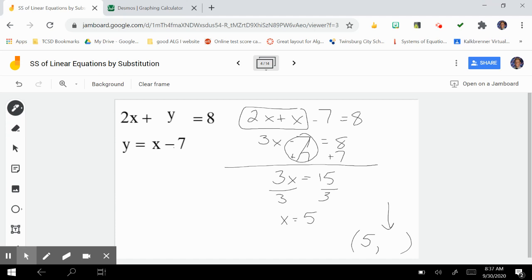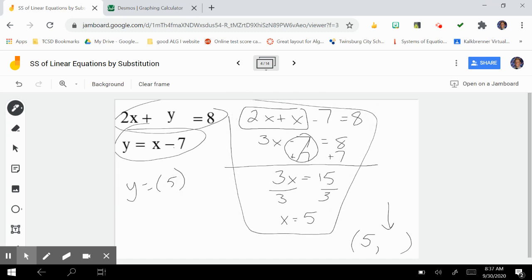Which of these two equations is solved for y? The second one. Exactly. So y equals, I'm going to substitute all that hard work I did into the problem. Here's my 5. I'm going to substitute it in where I see x, and I'm going to get y equals 5 minus 7.